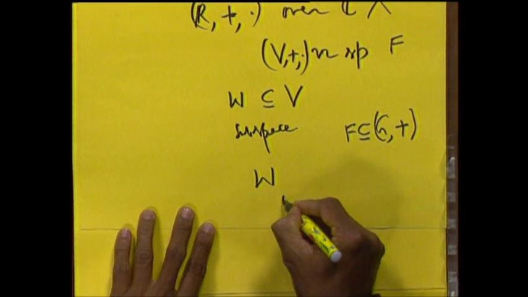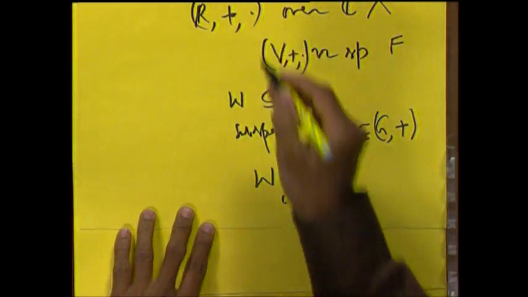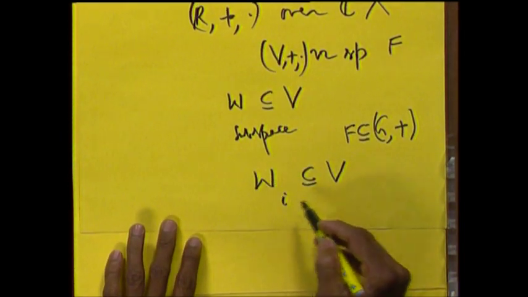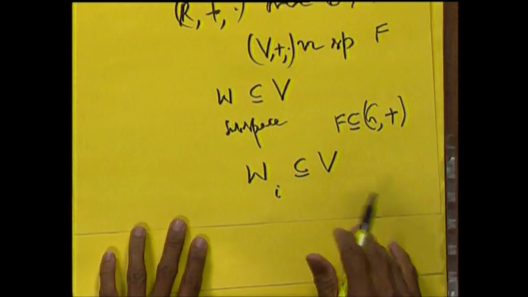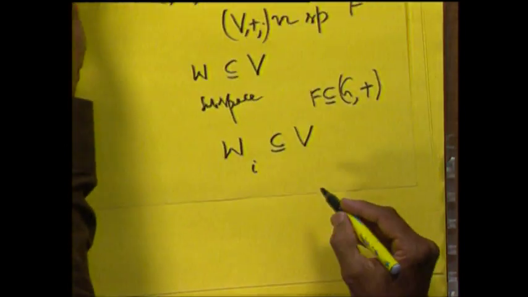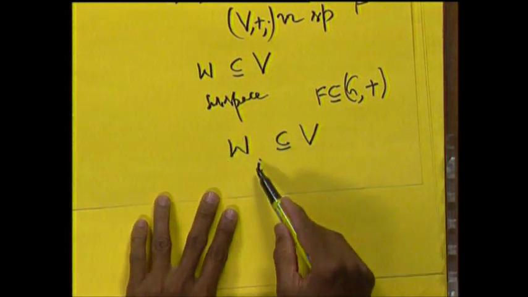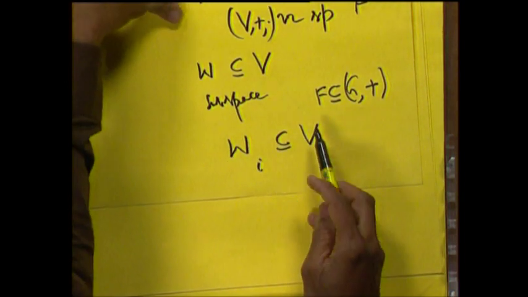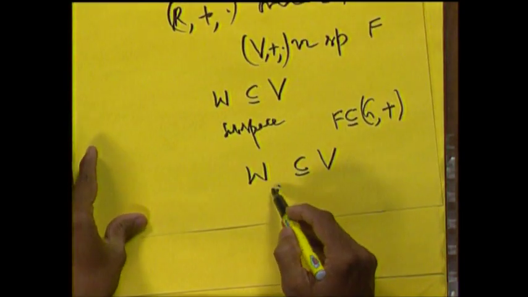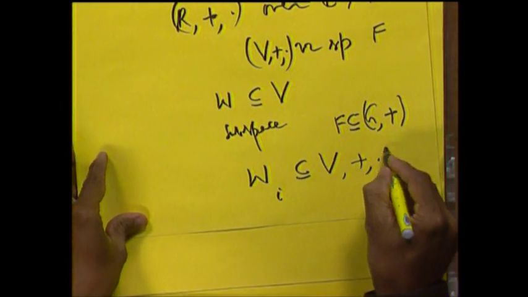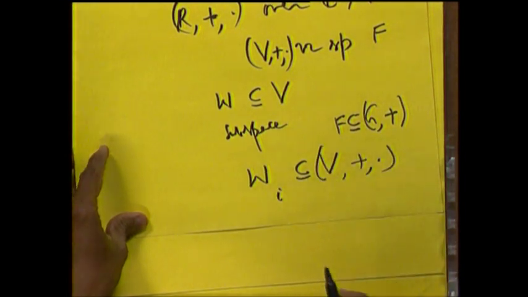Say we have a vector space V and vector subspaces Wi in V. The question is, what can we say about the intersection of all these vector spaces? Well, we can show that the intersection of all these vector spaces also becomes a vector space with the same addition and scalar multiplication defined on V.